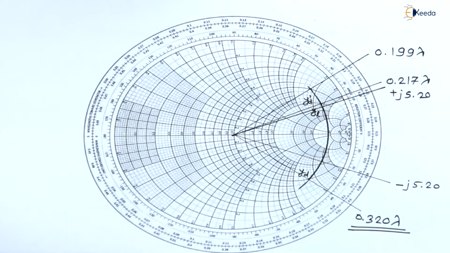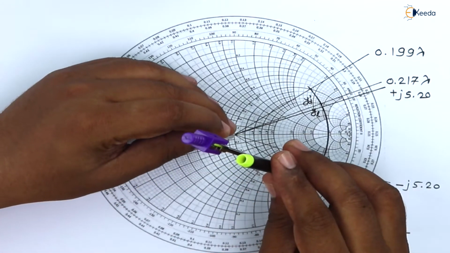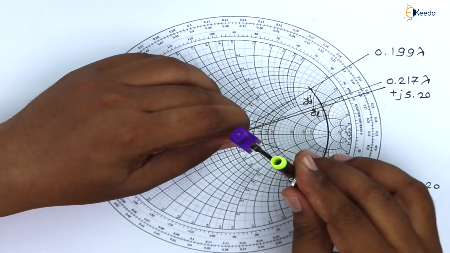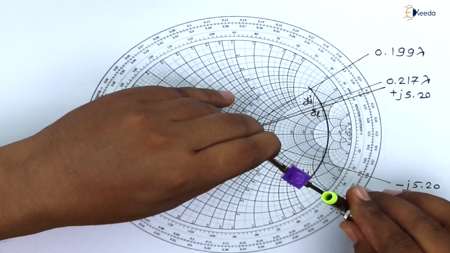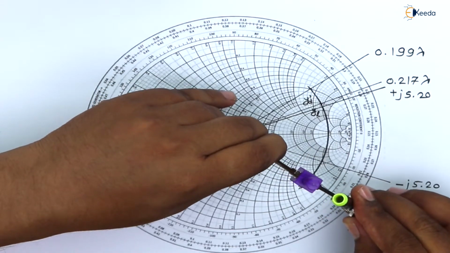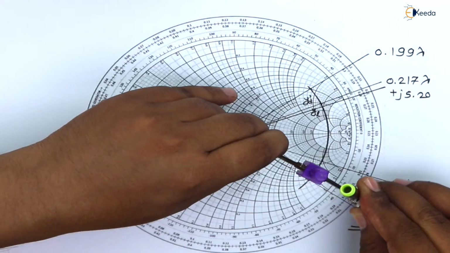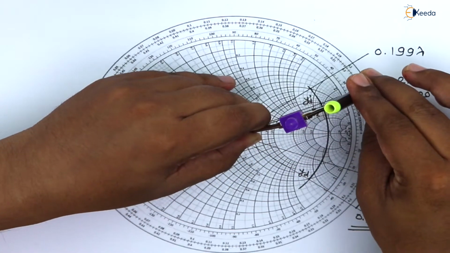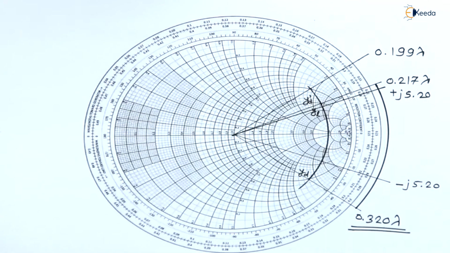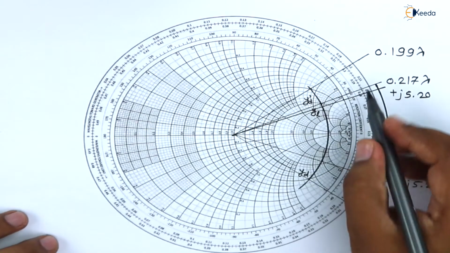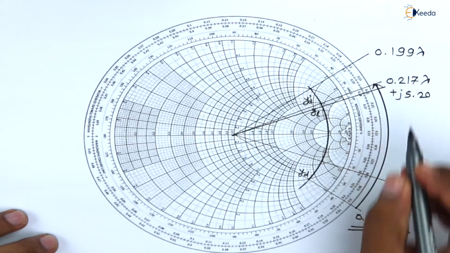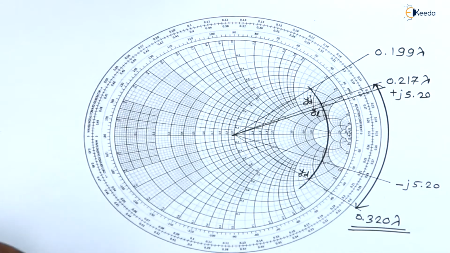So from 0.217 times lambda to 0.320, here we have to find out the difference. So onto this Smith chart, we take this particular center, and from this center we go from 0.320 up to 0.217 here. So this is the difference represented onto the Smith chart here, and that difference we have computed.